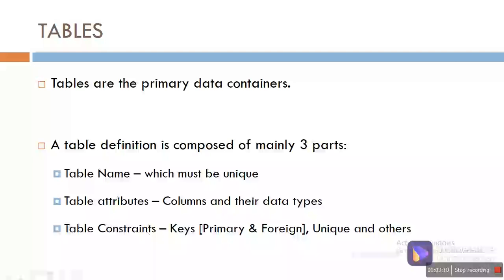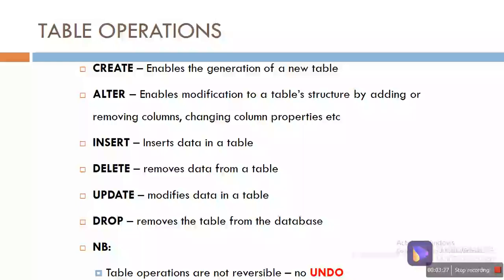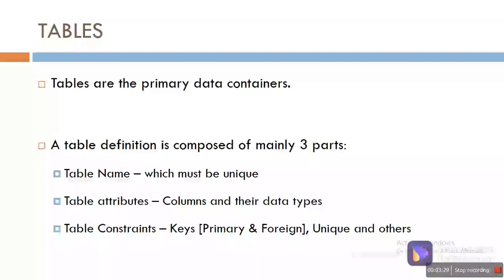We could define a column that is unique and also has a specific list of values, so we can have many constraints defined on the same column, or we can even not have any. So it is optional. Okay, that was about the table definition. What do we need while defining a table? We are going to shortly see how to do that with those three details.